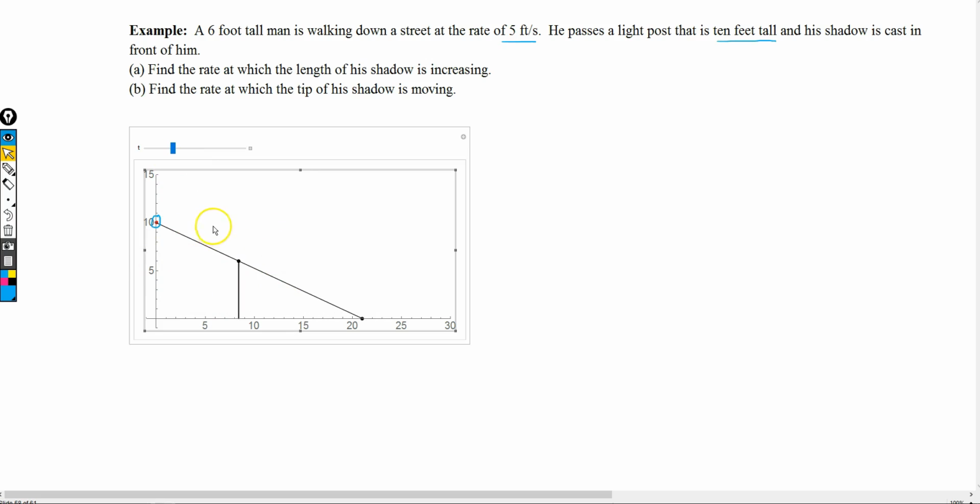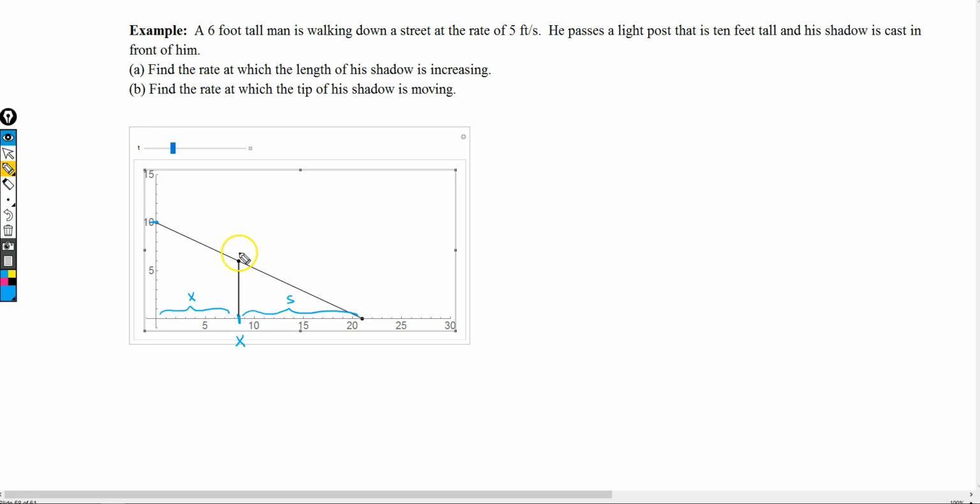So there's our graphic. Now let's label the variables. Let's say the man is at position X. That means this distance is X. And let's label the length of the shadow as S. The lamppost is 10 feet tall, so that's already labeled for us as 10.